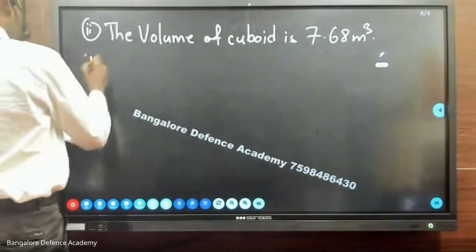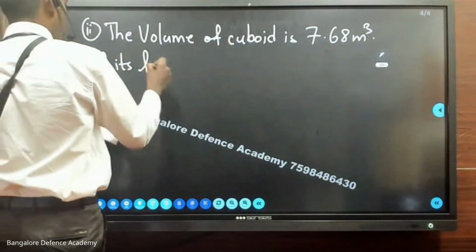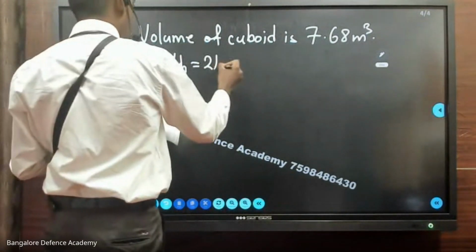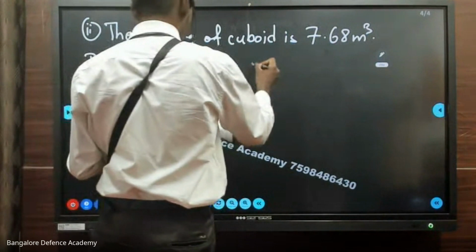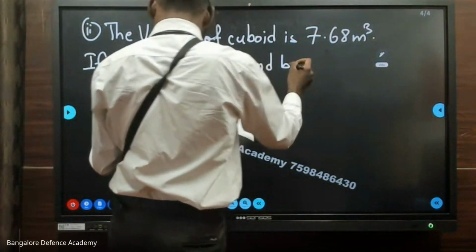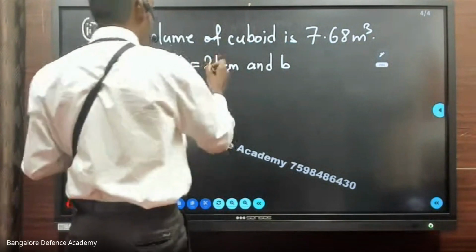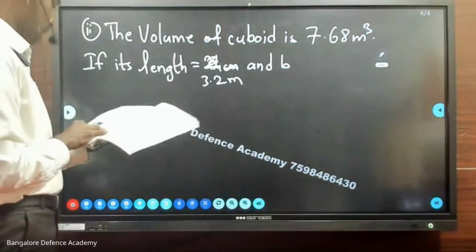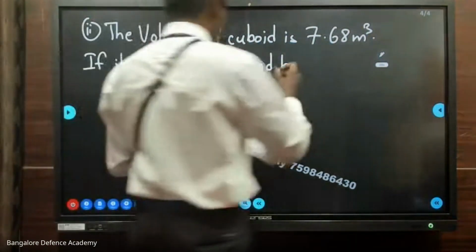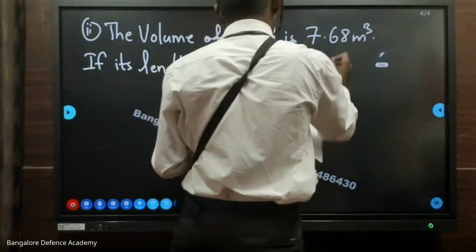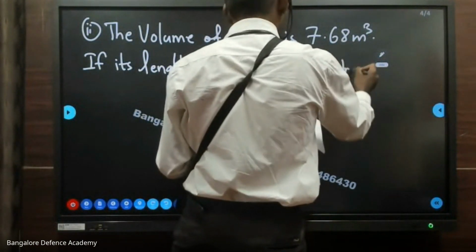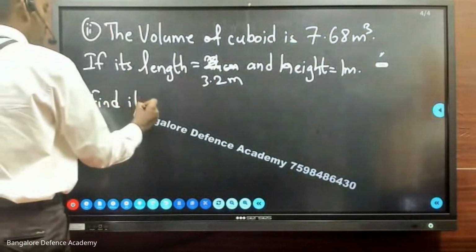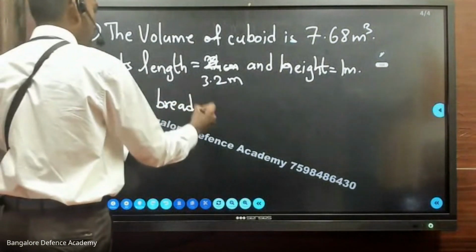If its length is 3.2 meter, okay, not centimeter, 3.2 meter, and height is 1 meter, find its breadth.